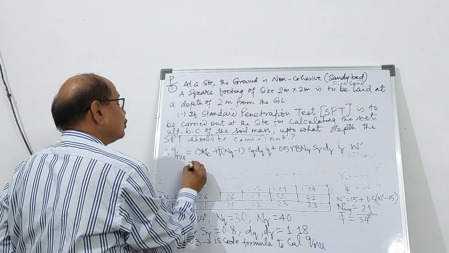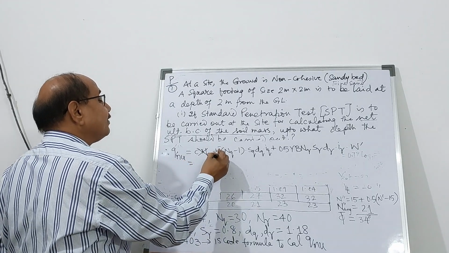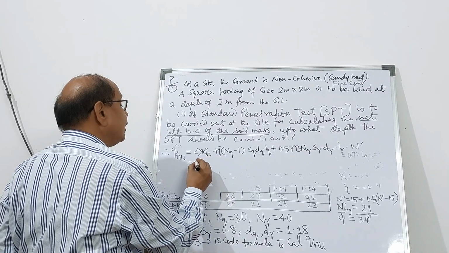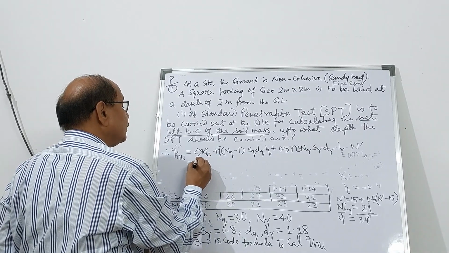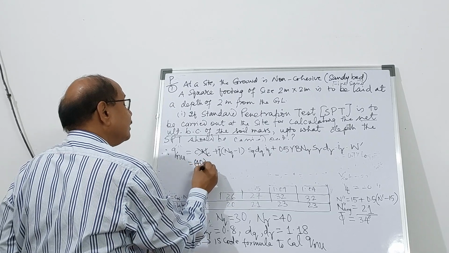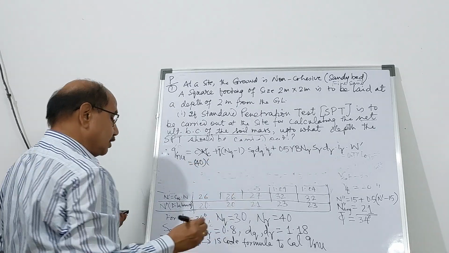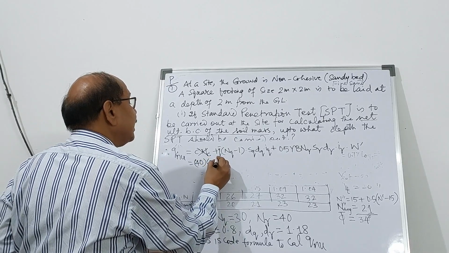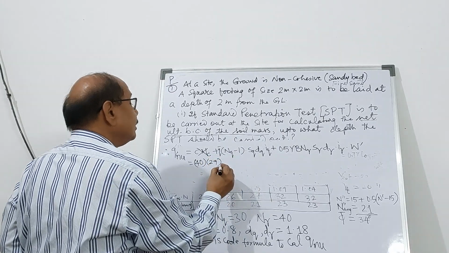So here if you substitute the values, what is the effective pressure at the base of the footing? It is 20 multiplied by 2, the depth of the footing, so it becomes 40. Nq is already known to us, so it becomes 29, Nq minus 1.